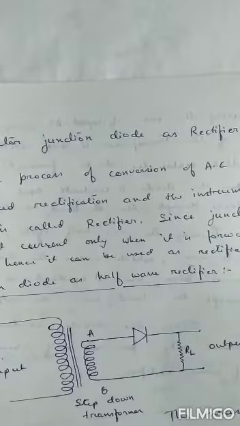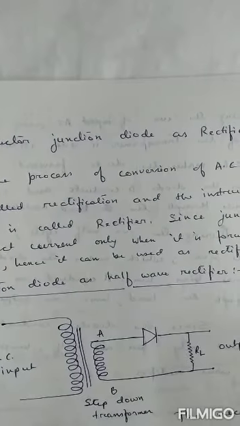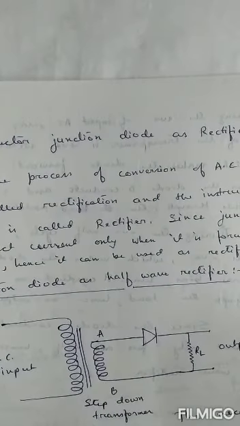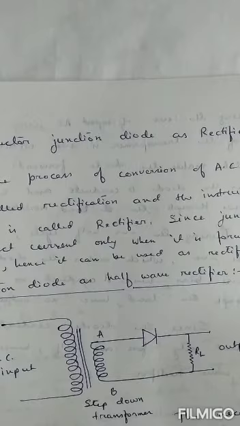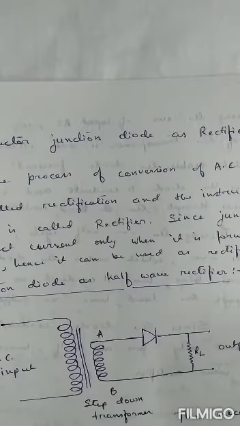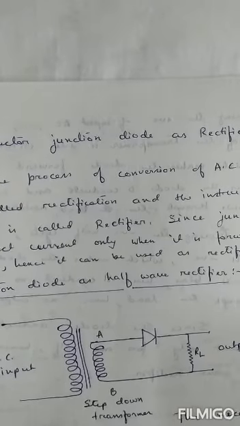R-E-C-T-I-F-I-E-R, rectifier. So what is rectification? The process of conversion of AC into DC is called rectification, and the instrument used for this is called a rectifier. Since a junction diode conducts current only when it is forward biased, hence it can be used as a rectifier.